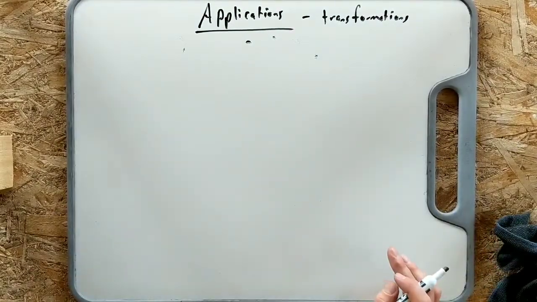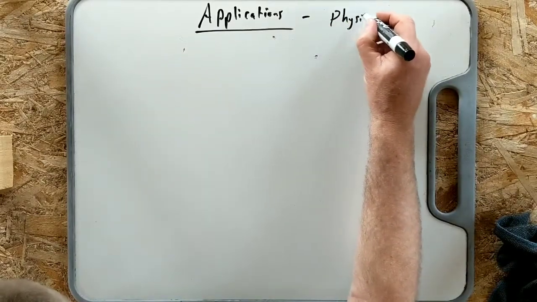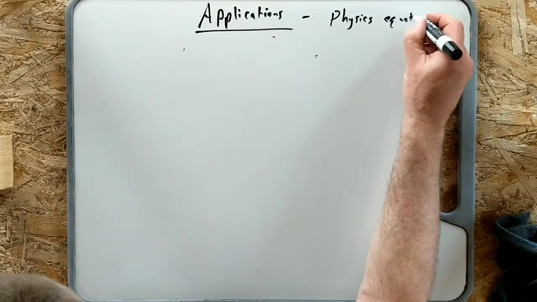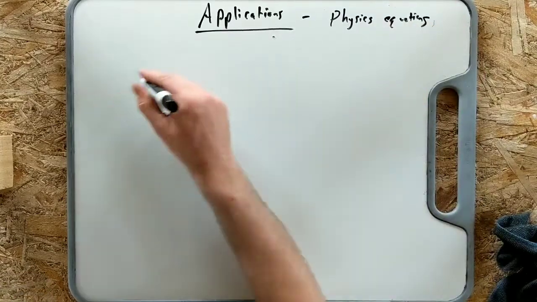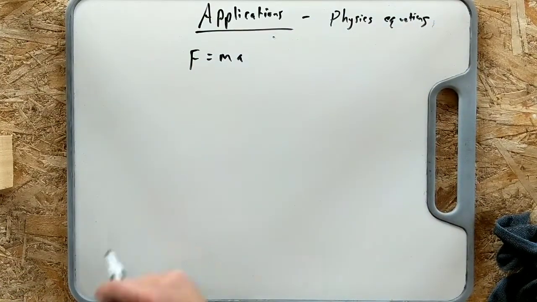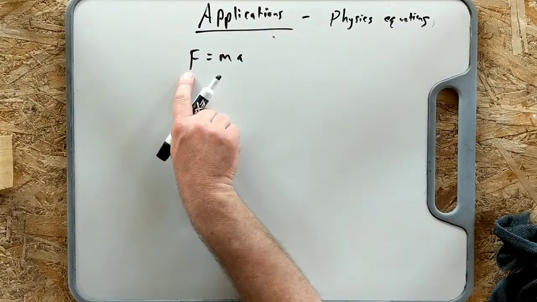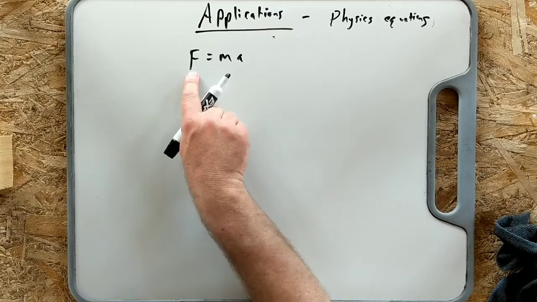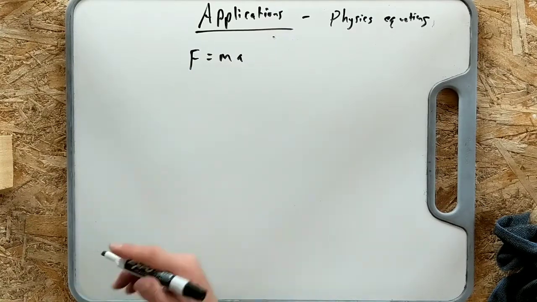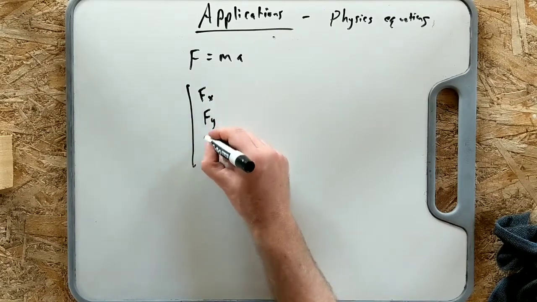The last thing I'm going to go through is physics equations. I'm sure you're familiar with this. Force equals mass times acceleration. This is, however, in high school math, typically written as a simple linear equation, where each is one number, but the reality is, F has 3 dimensions.